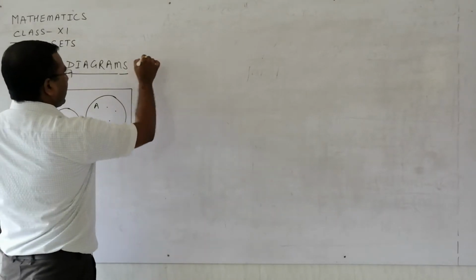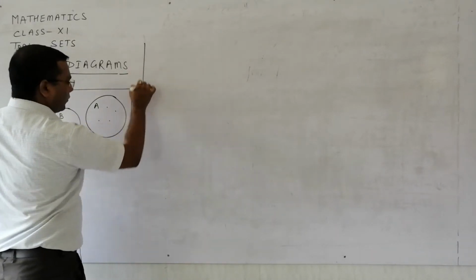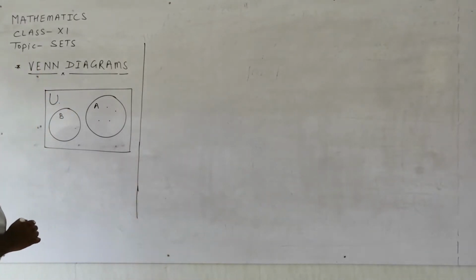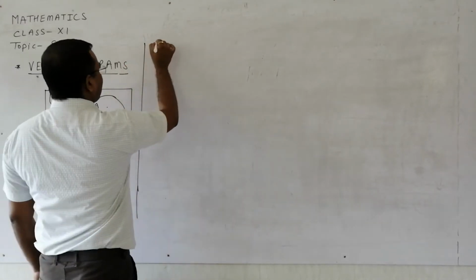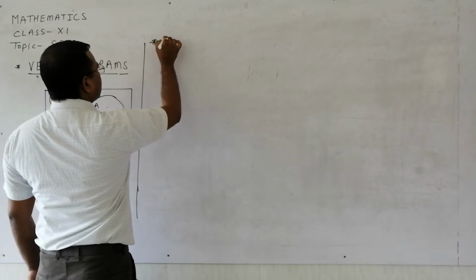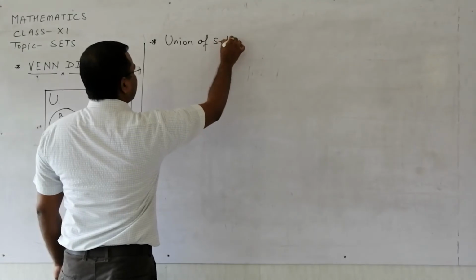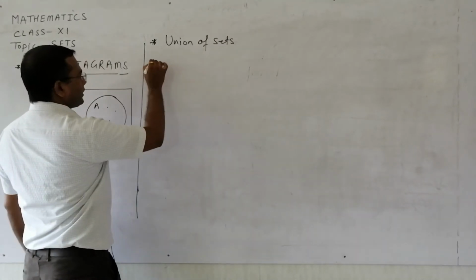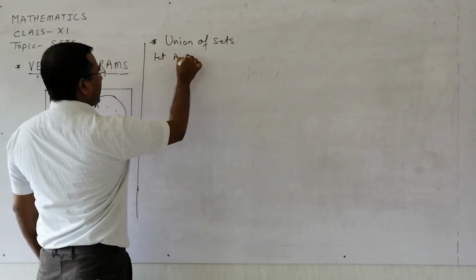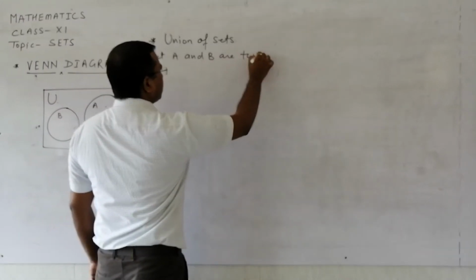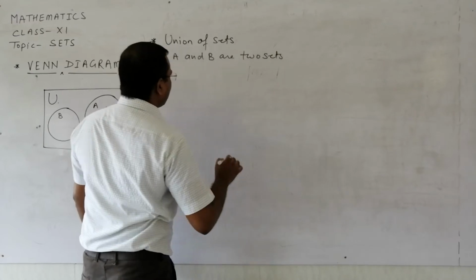See student, in a Venn diagram we can easily understand the relation between the sets. If I am talking about the union of sets, let A and B be two non-empty sets.